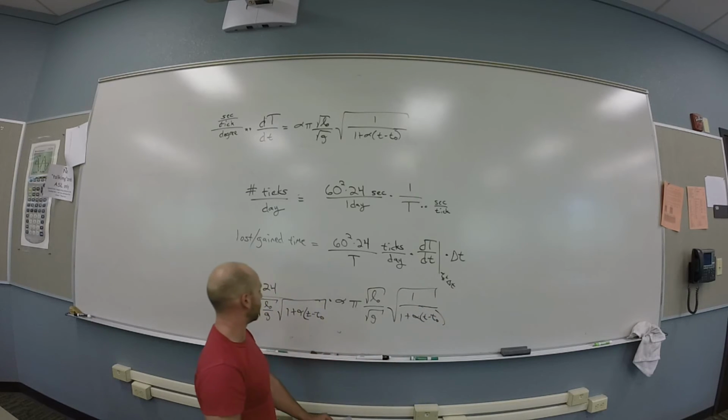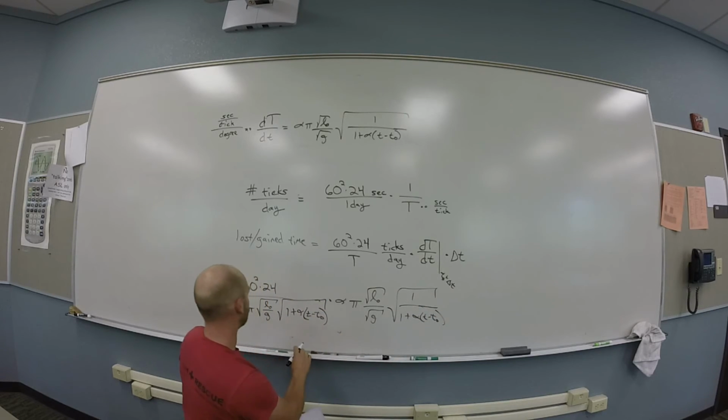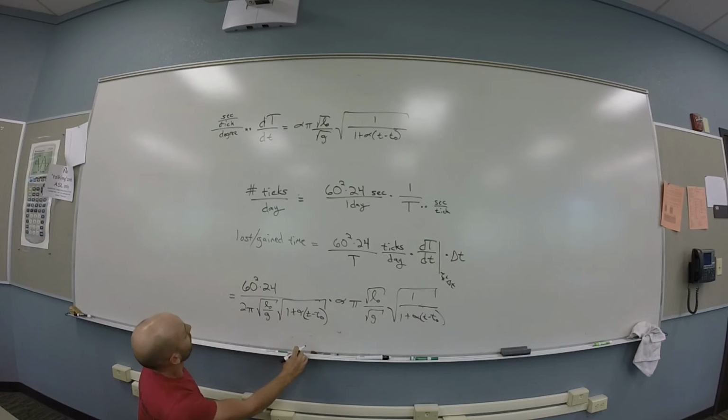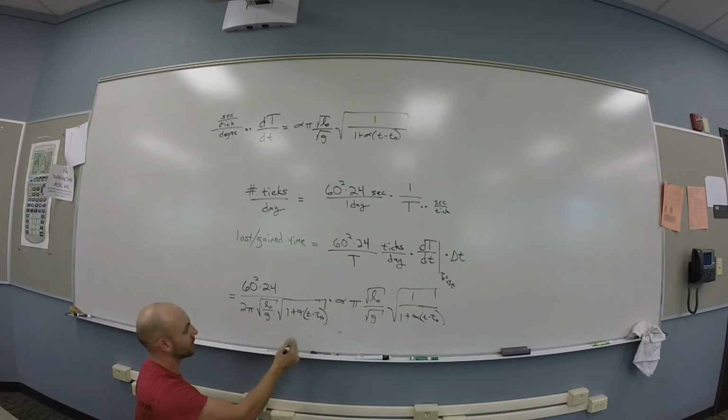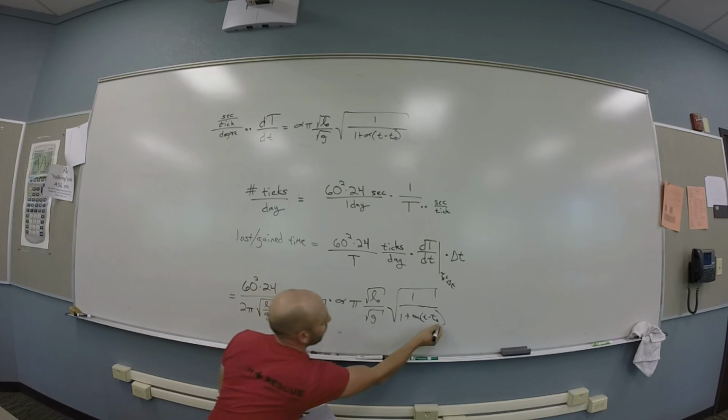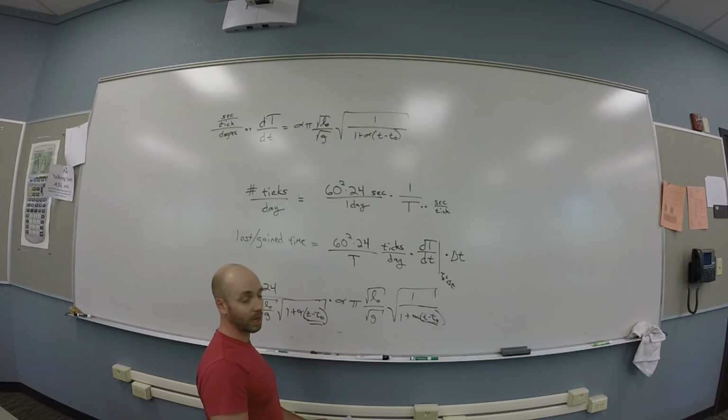Oh, and I really should have to evaluate both of these things at t plus delta t, or t naught plus delta t. So these are a little bit of a lie too, but I'm just giving you the idea. I'm going to let you straighten out exactly how I lied to you there. You have to evaluate those somewhere appropriate.